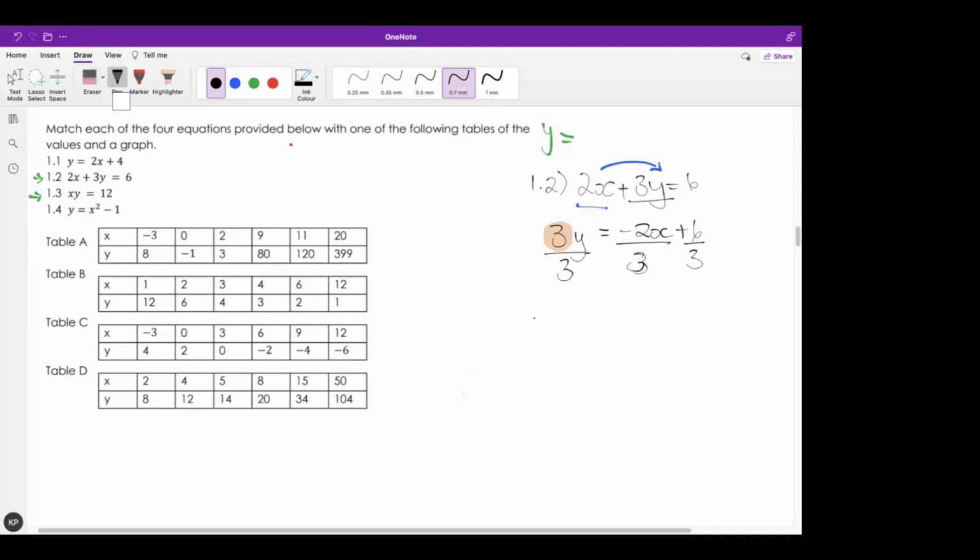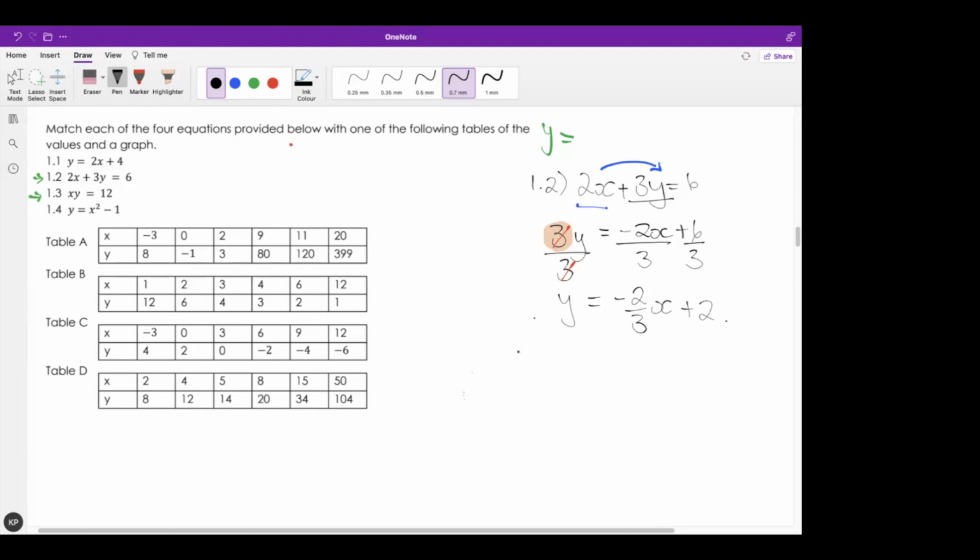Do you guys see how this works? If you divide one of these by 3, you divide all of them by 3 because it's an equation. So these 3's on the y will cancel each other out. 3 divided by 3 is just 1. So I'm left with y equals negative 2 over 3x plus what? What's 6 divided by 3? Plus 2. Okay, now we have the correct form of number 1.2.